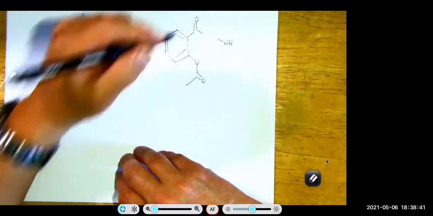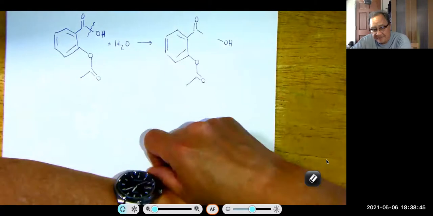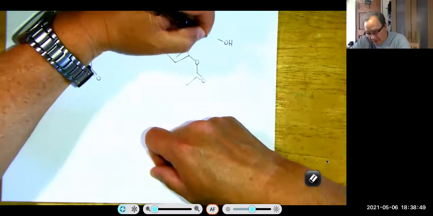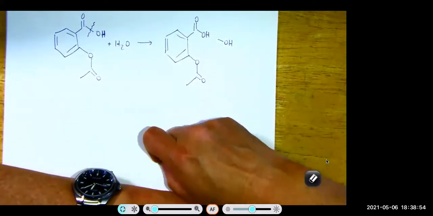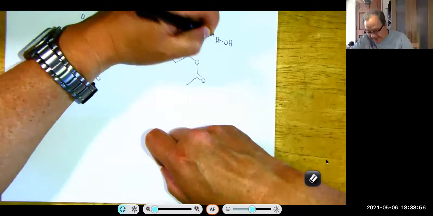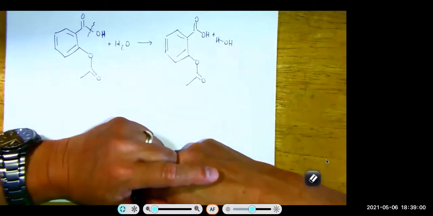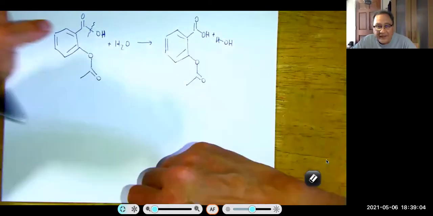Okay. What do we add to the carbonyl? The OH. Okay. And what do you add to the oxygen on the other side? An H. Okay. So can you see that what you've done is nothing? Yeah, it's the same thing. Okay. So this probably does happen, but really nothing happens.